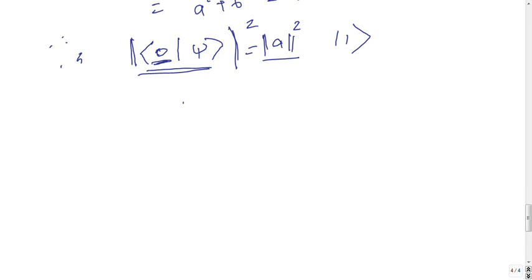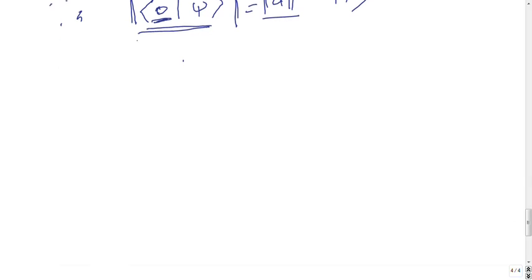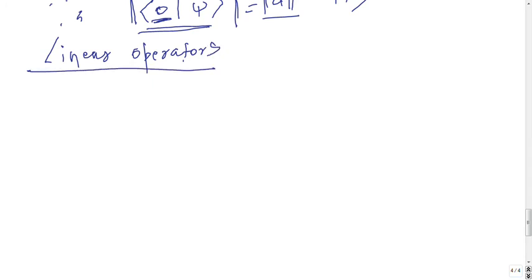The first topic is linear operators. I know we have talked about this earlier. In quantum mechanics, the linear map is called a linear operator because the vector space we are referring to is the single vector space called Hilbert space.